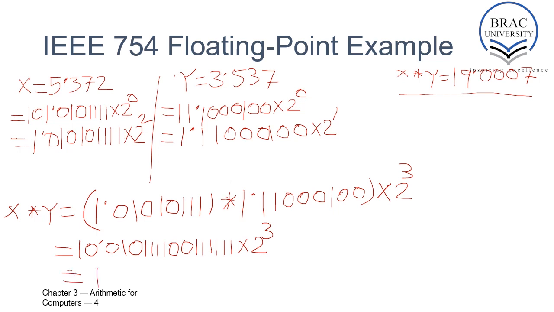So 10010 into 4 ones, 1 2 3 4 00 1 2 3 4 5 6.